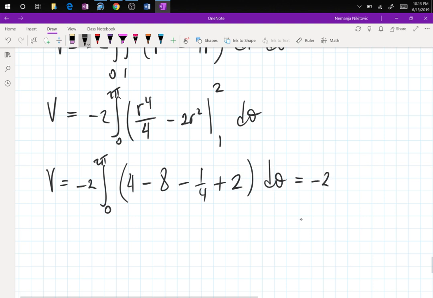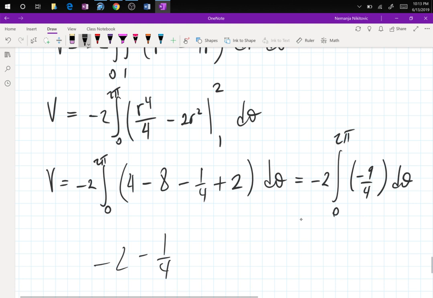That's negative 2 integral. And now I work this out. So this is going to be negative 4, negative 2 minus 1/4. So that's negative 9/4. So it's negative 9/4 d theta from 0 to 2 pi.